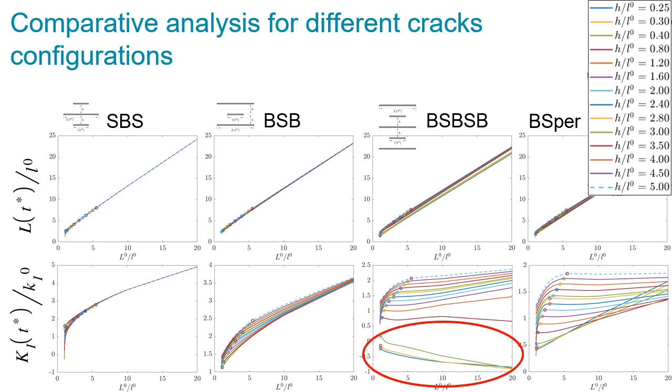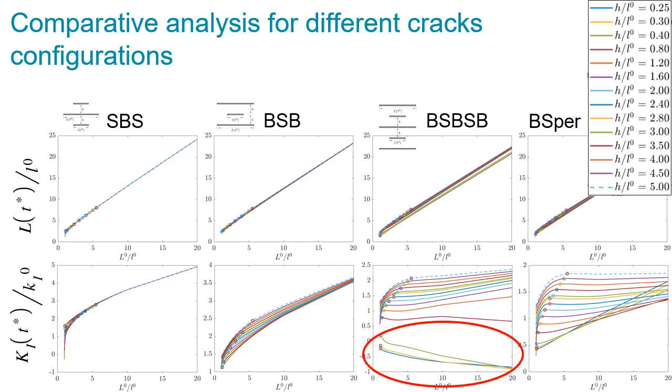The ratio of the initial big and small crack length is plotted along the x-axis, and different lines correspond to the different relative distances between the cracks. As can be seen from the figure, the length of the big cracks grows almost proportional to the initial length and slightly dependent on the distances between the cracks.